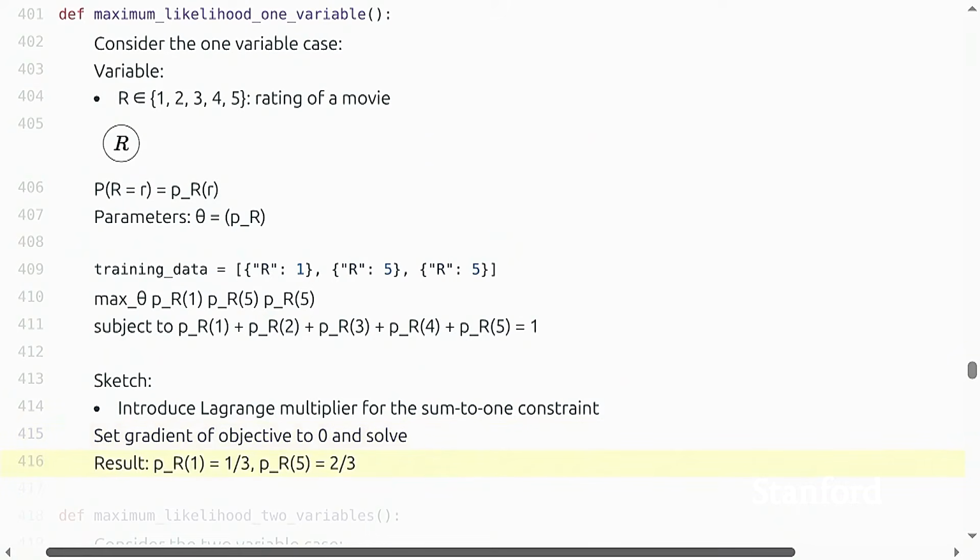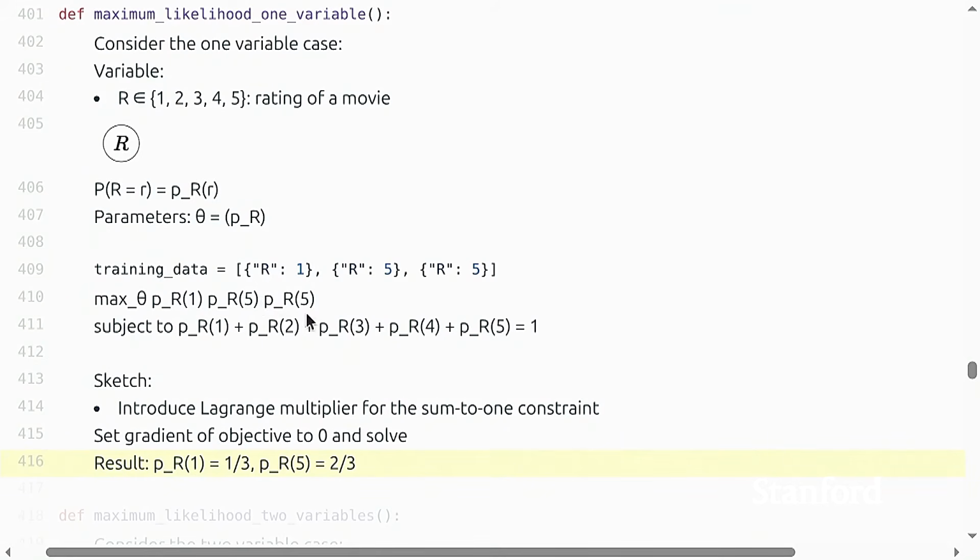And then you get that the probability is essentially equal to the number of times a particular rating occurred over the total number. Intuitively, this makes sense, because if you see 5, you want to increase the probability of 5.